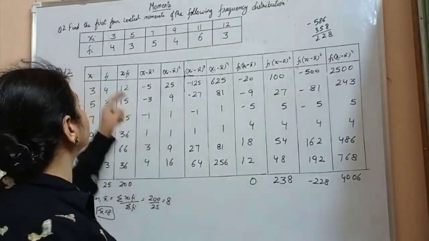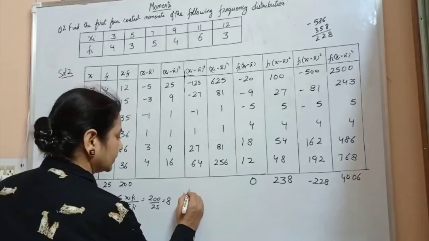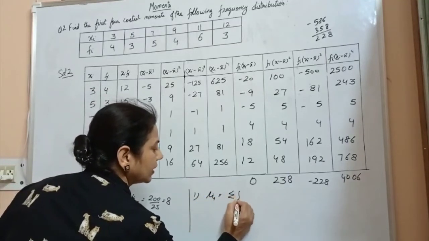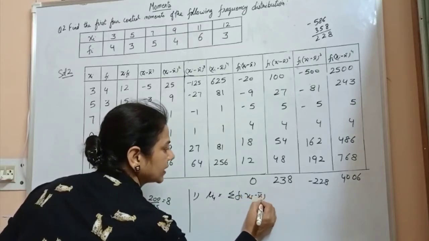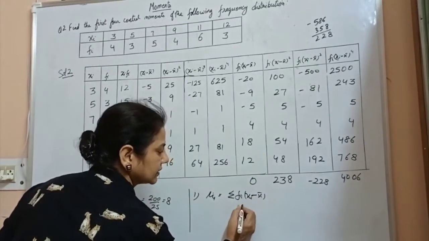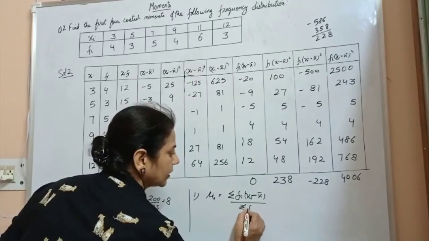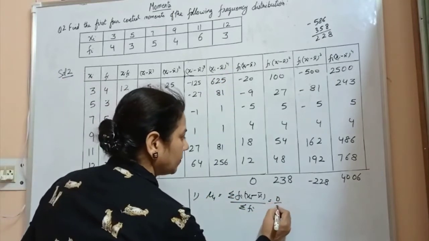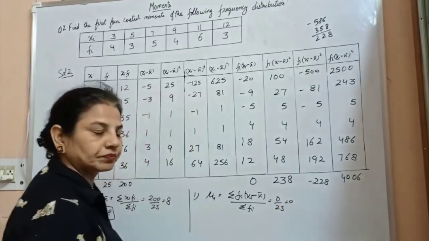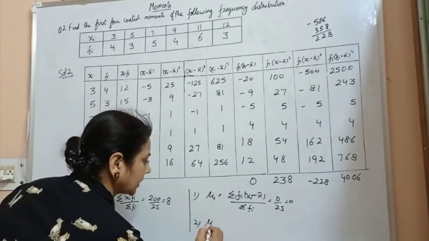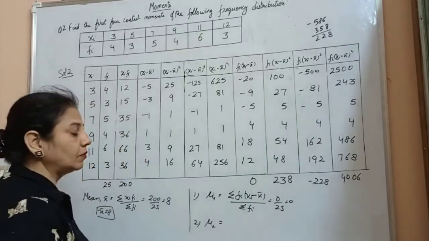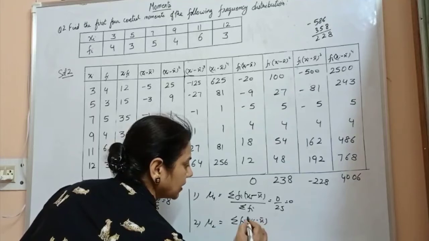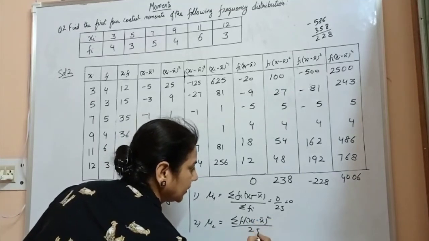Now to calculate the central moments, the first central moment mu1 is given as sigma fi xi minus x bar upon sigma fi. We have calculated this as 0, and 0 upon 25 is 0. The second central moment mu2 is sigma fi xi minus x bar whole square divided by 25.